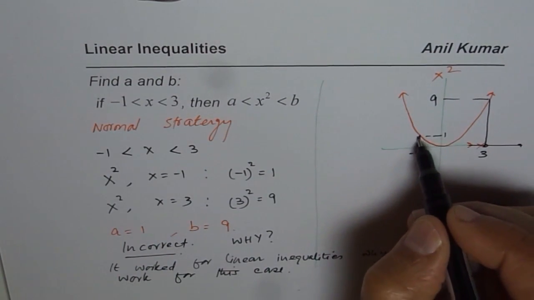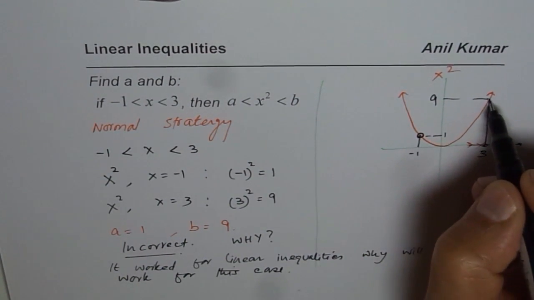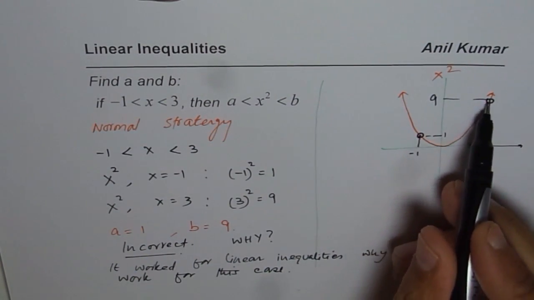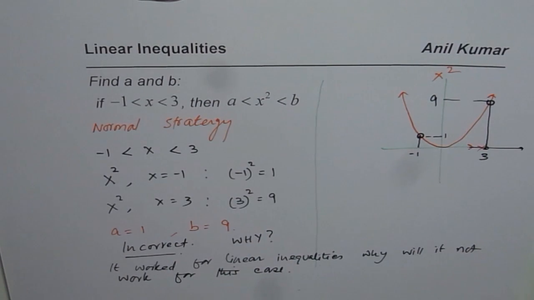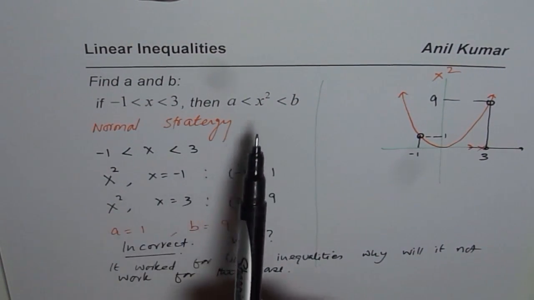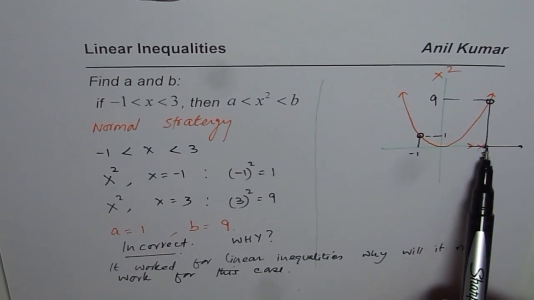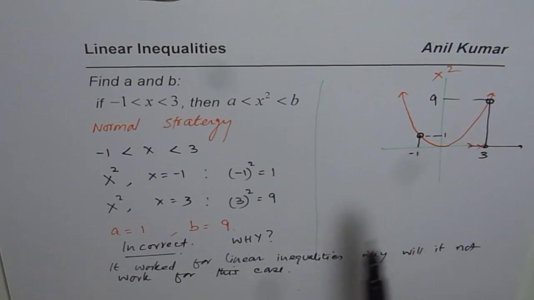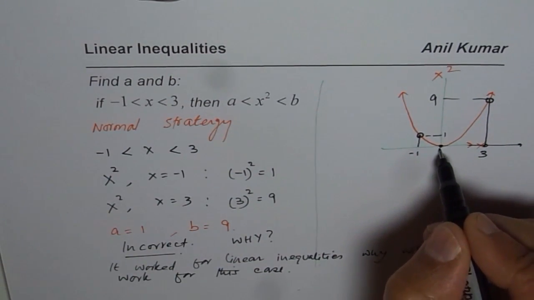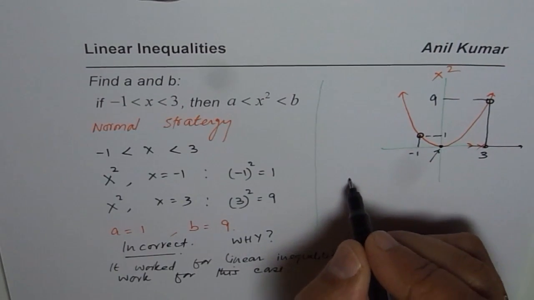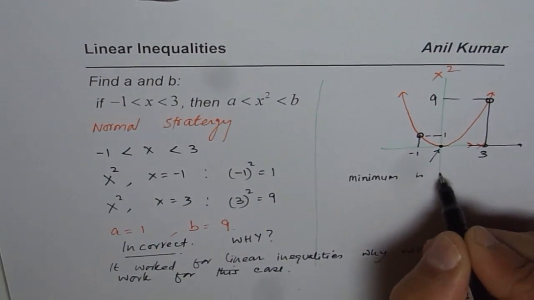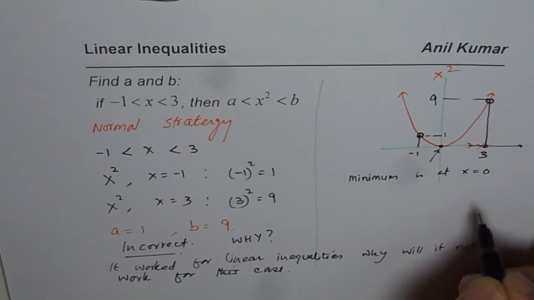So what you really did was that you found the value of x squared at -1 and 3, and you got these two values. But we're trying to say that x squared is between a and b when x is between this point and that point. So every value between these two. Here you will observe that the minimum value is at x equals 0.